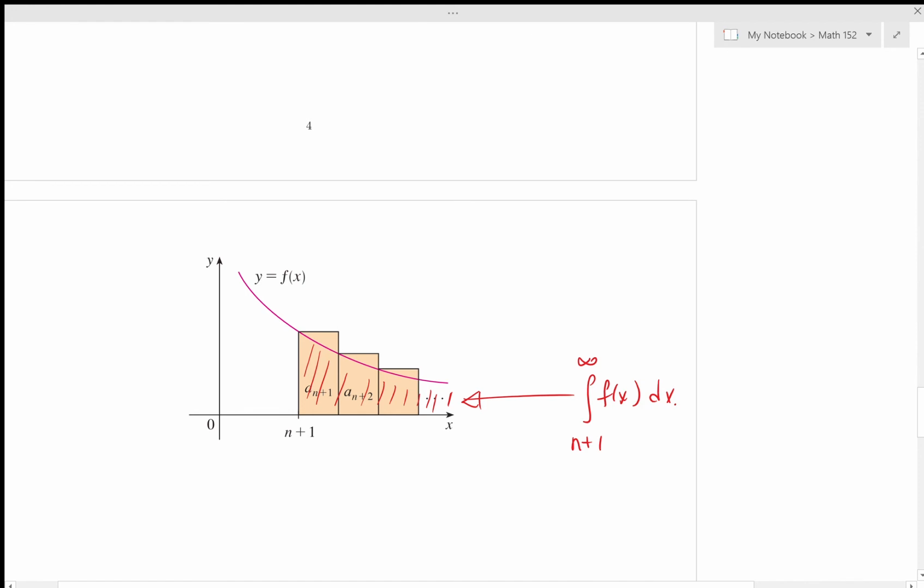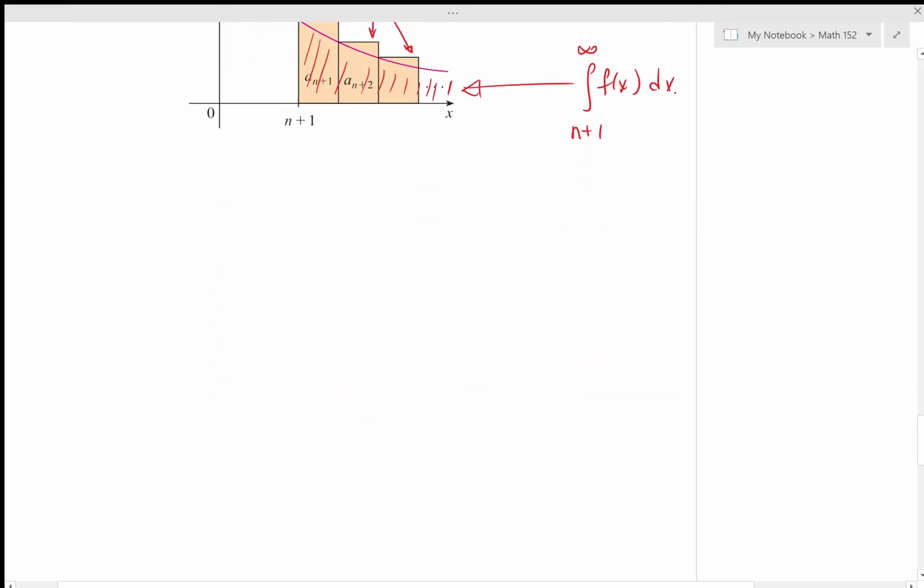And you can see that the remainder, the terms I didn't include, which are these here, the sum of all these, that's my remainder term. You can see that it is more than that integral. That is why those two integrals provide an upper and a lower bound. Okay, we'll do an example of this and see how this works.